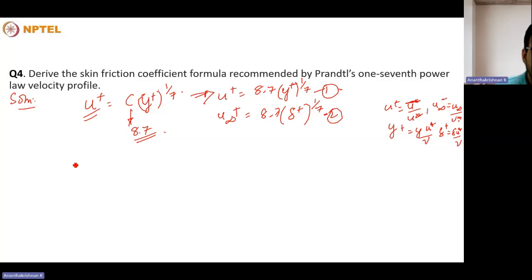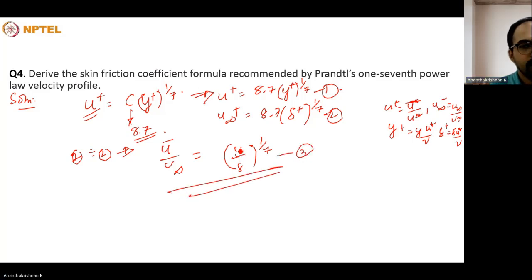So dividing, we get a ratio: u plus could be written as u bar by u star, similarly u infinity plus could be written as u infinity by u star, on the left hand side, and on the right hand side y by delta the whole power 1/7.